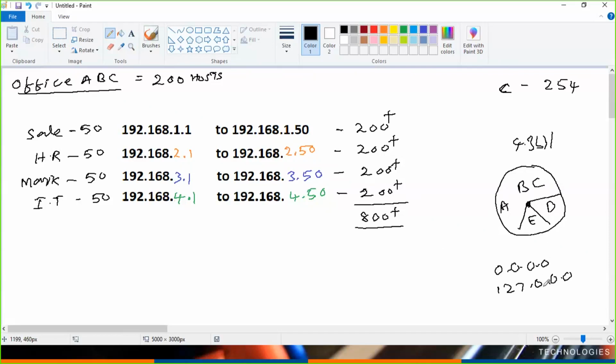If we waste 800 plus IP addresses for 4 departments in one company, then think how many companies and departments and how much IP wastage there will be. Too much. If we waste like this, surviving with IPv4 is not possible.